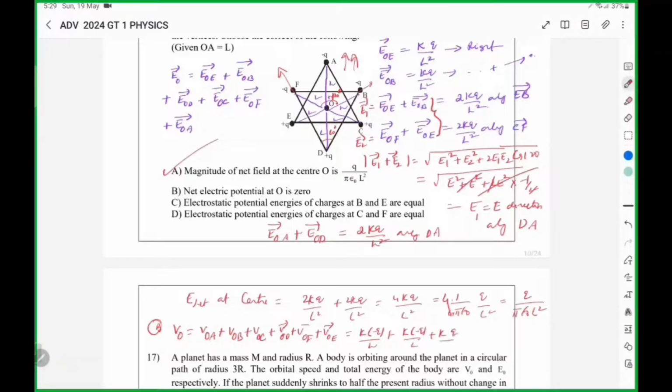K into Q by L for OB, OC is plus Q by L, then OD plus Q by L, then OE, OF will be minus KQ by L. OE is KQ by L. So minus KQ plus KQ minus KQ, all this gets cancelled out. Second option also correct.